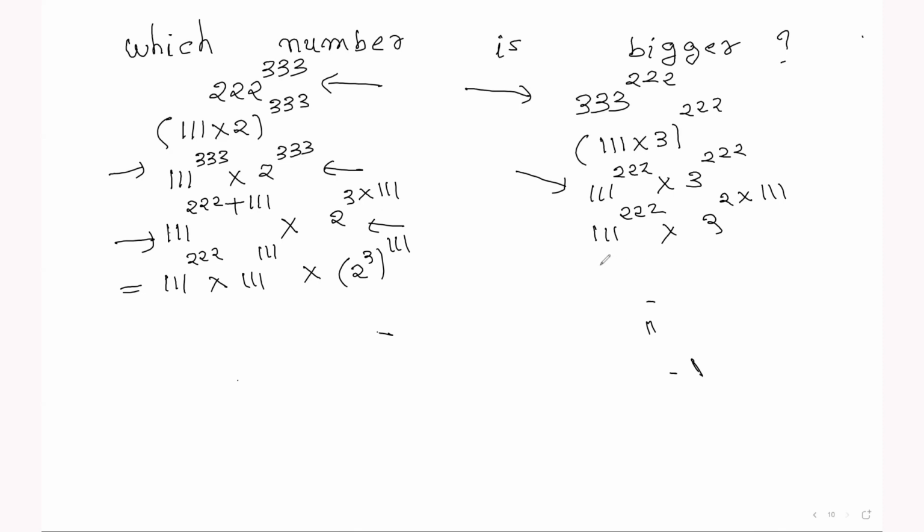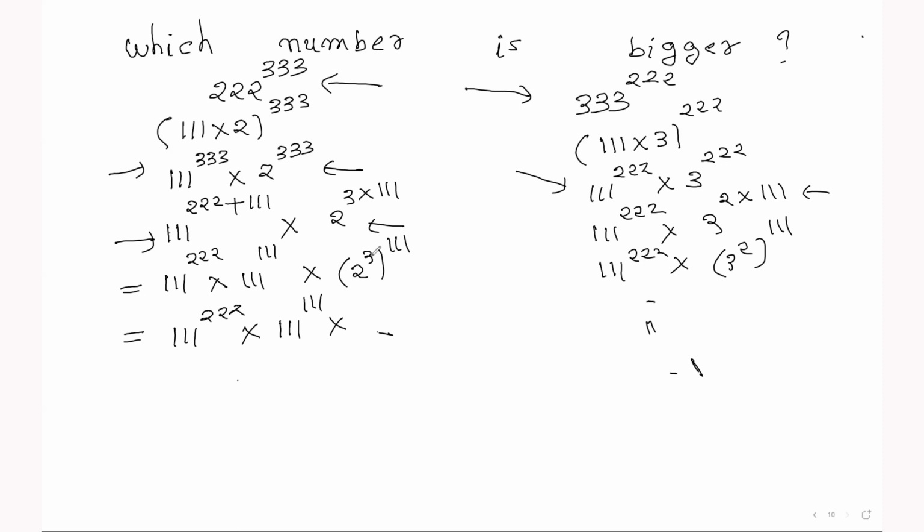On the right hand side, I have 111 power 222 multiplied by 3 power 2 and then the whole thing power 111, because a power of another power can be multiplied, which is the same thing. So this will give me 111 power 222 multiplied by 111 power 111 multiplied by 2 power 3.